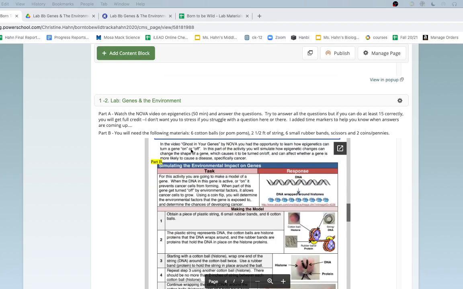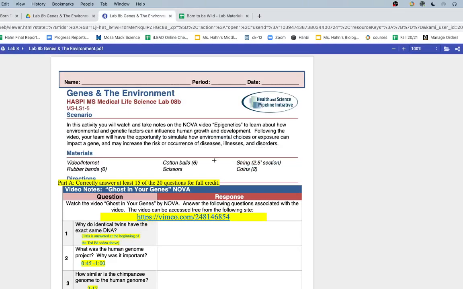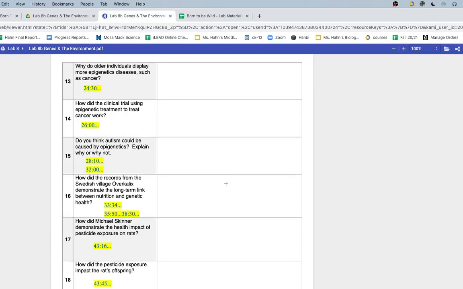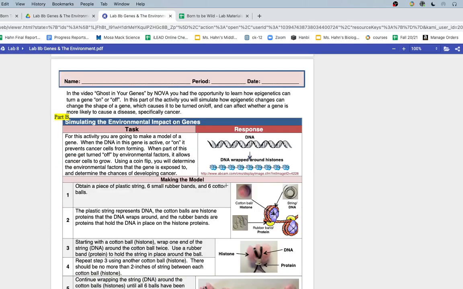For part B, and I'm going to open this up in Cami, you're going to be creating a model that shows how genes can be turned on or off.